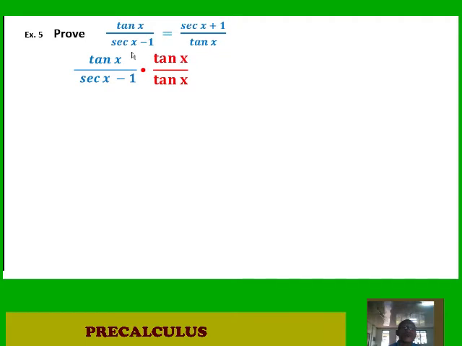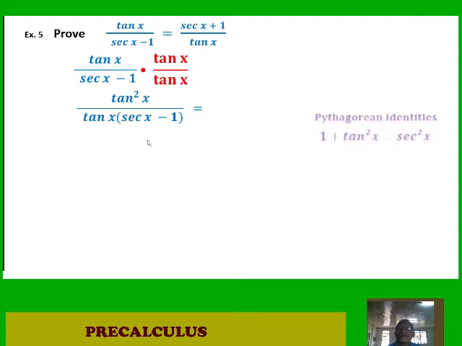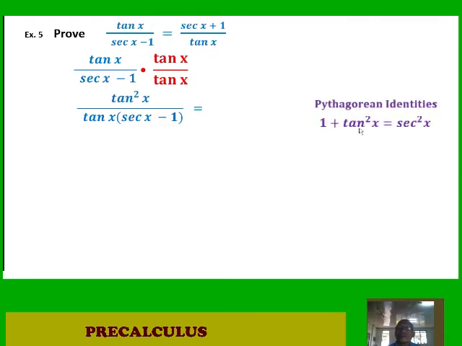So multiplying numerators and denominators, then tangent squared x. From the Pythagorean identities, if we express tangent squared x, this is equal to secant squared x minus 1. Transferring 1 from the left to the right becomes negative. And substitute tangent squared x with secant squared x minus 1.